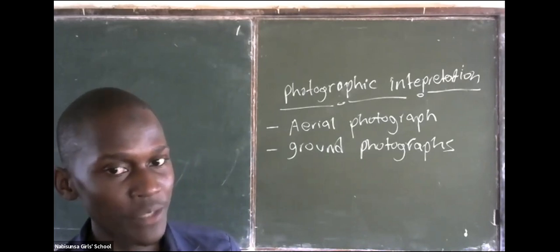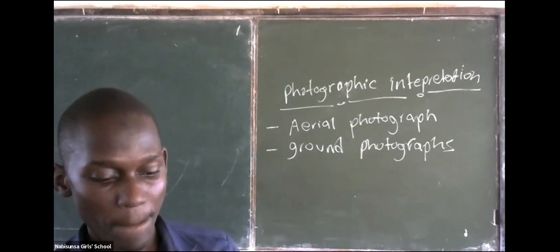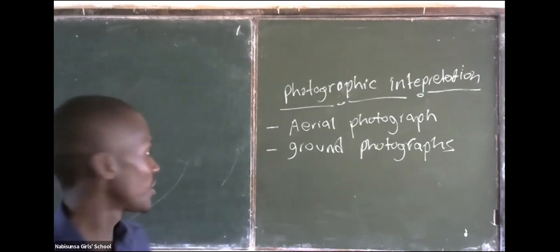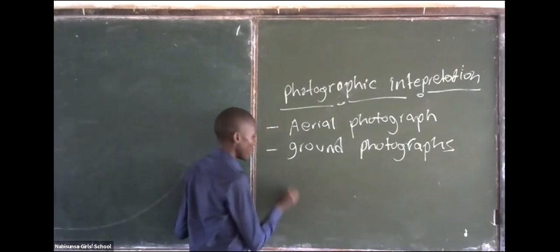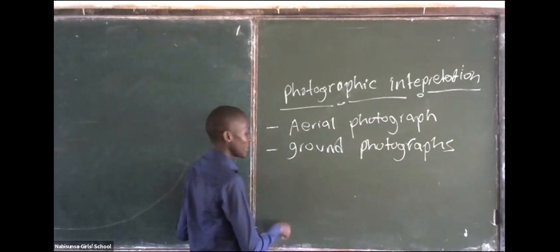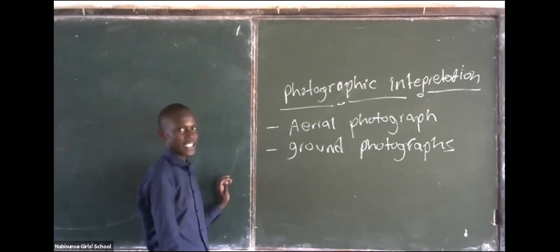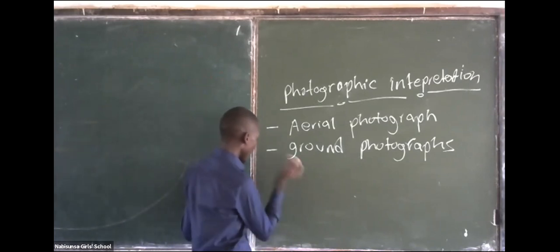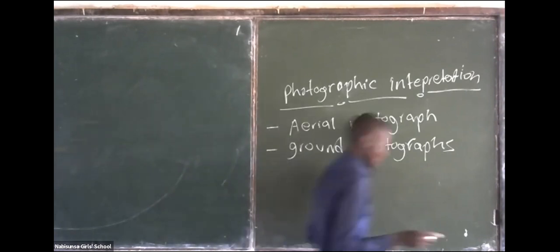Repeat your submission. These are photographs where the photographer is not connected to the ground. So what you are trying to say is that the photographer is above, and the object being photographed is down, not so? Yes. Let me try to draw something here. What are some of the equipment which are used?